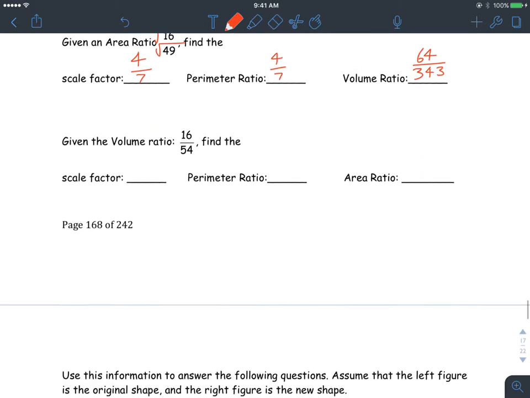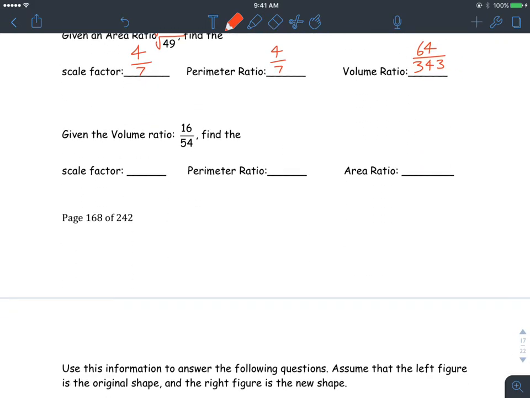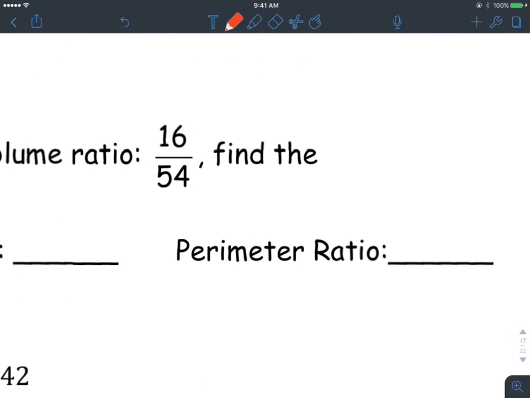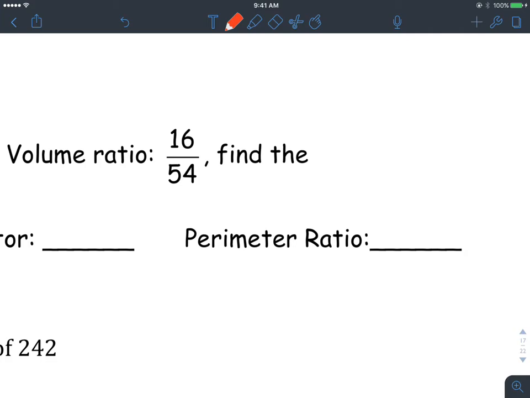All right. Next, given the volume ratio, find the scale factor, perimeter, and area ratio. Some of you are probably thinking, okay, if they give me the volume, then I need to do what's called a cube root of both of these. But the issue is 16 is not a perfect cube and 54 is not a perfect cube.